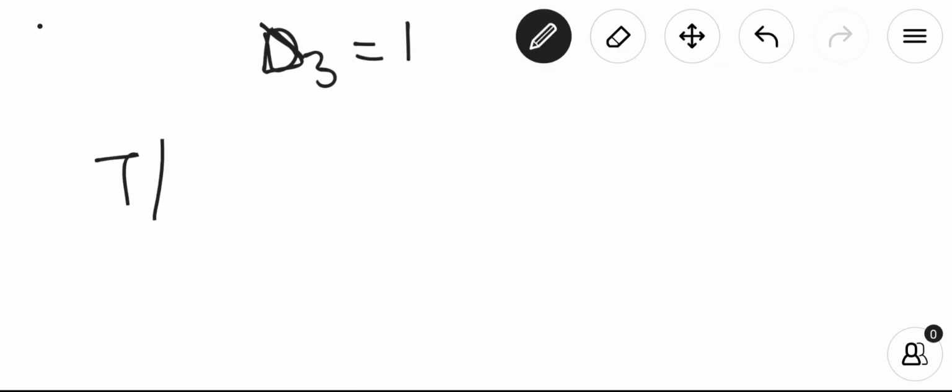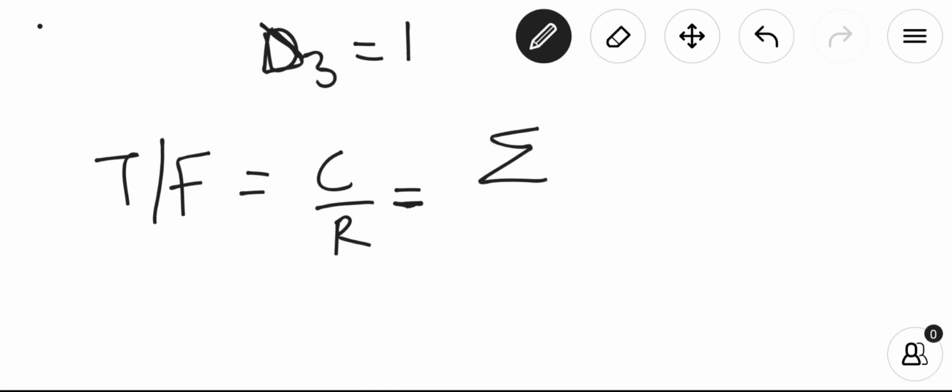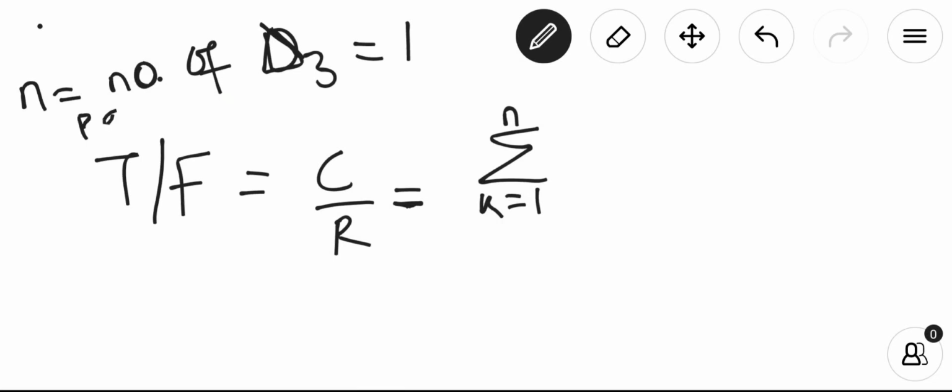Transfer function is equal to C, output over input, which is equal to, from that formula, summation k equal to 1 up to k equal to n. N is the number of paths.